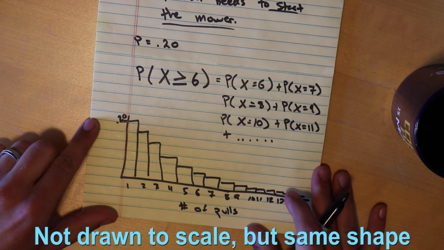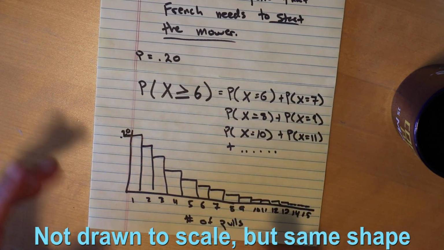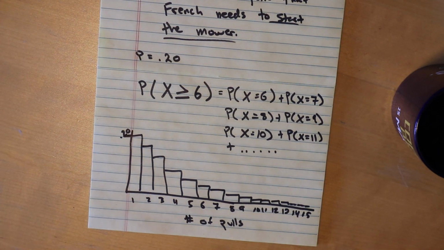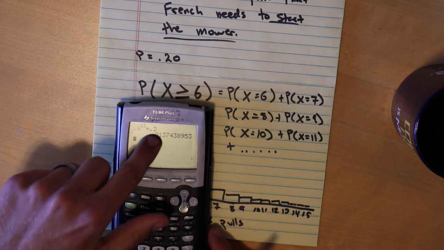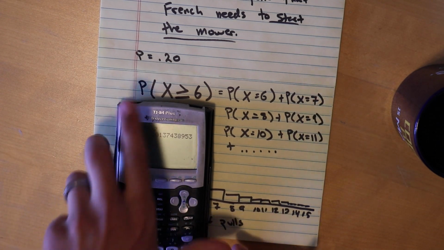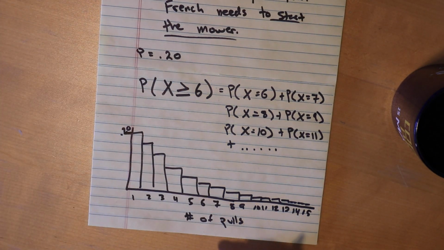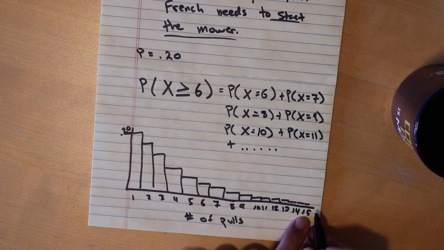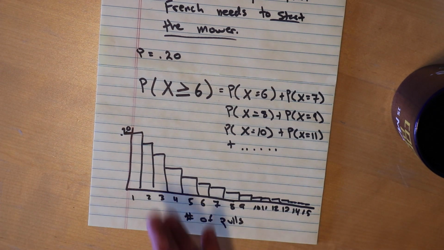As you keep looking at scenarios where you have to pull the cord more and more times, it becomes less and less likely it would take that many times. Think about the probability that it took 13 pulls to get the mower started: a 1.3% chance. Think about the probability it would take 1,000,000 pulls for the mower to start. That would be minuscule. So geometric probabilities are always skewed right.